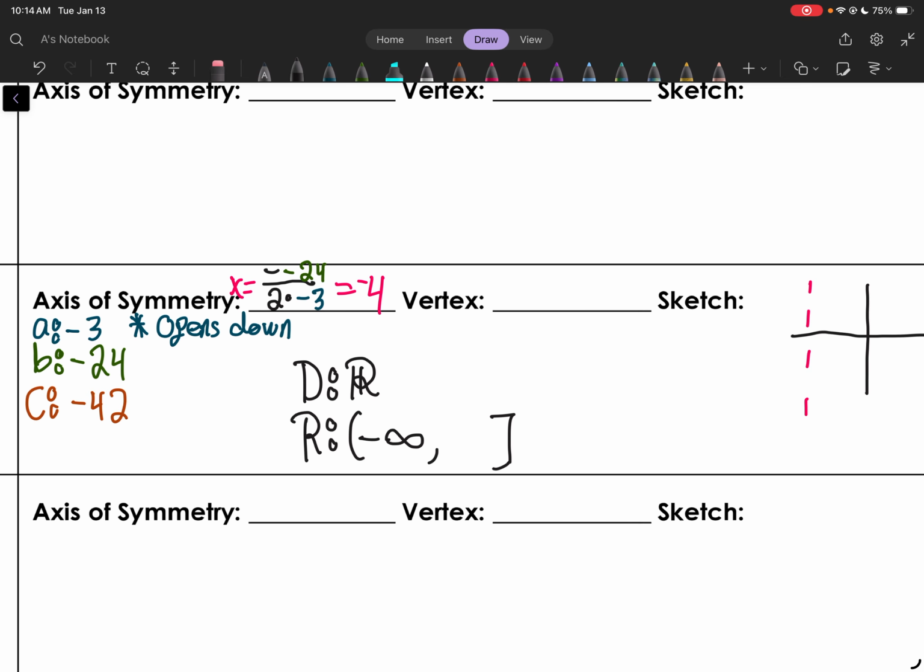For my vertex, I'm going to plug the -4 into my equation. So y equals -3, I'm going to plug in my -4, minus 24, plug in my -4, minus 42.